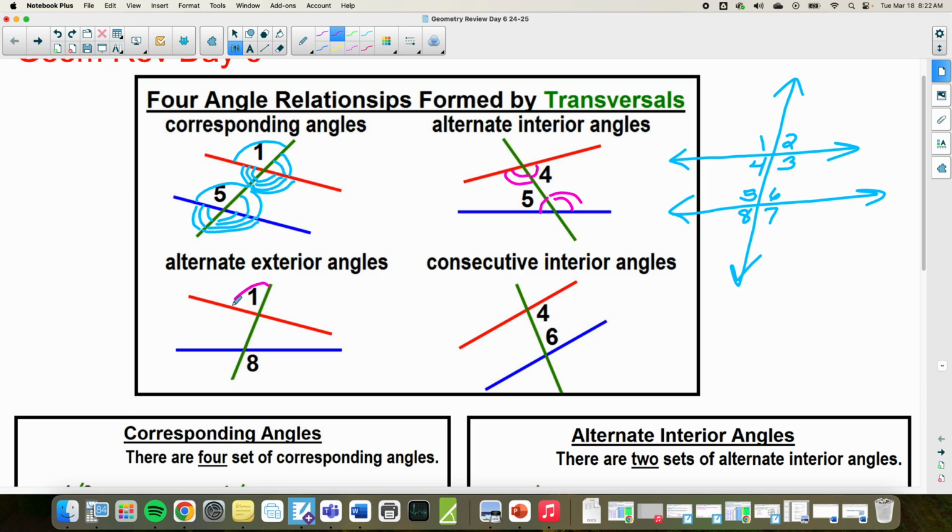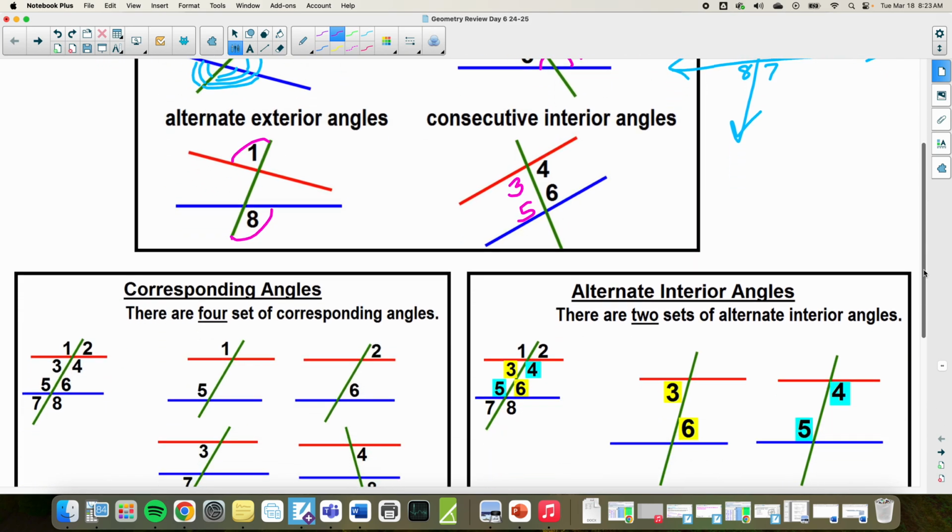They're alternate again, which means they're on opposite sides, and they're exterior to those 2 lines. And then the last one was consecutive interior. Again, they're inside, like 4 and 6 or 3 and 5. They're both inside, but they're on the same side of the transversal.